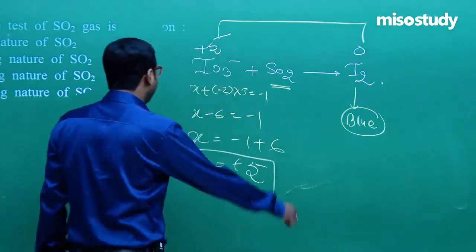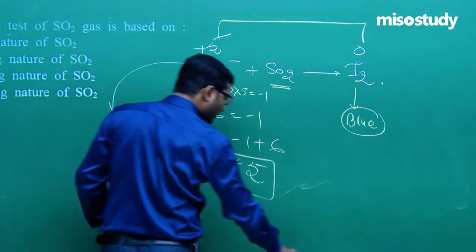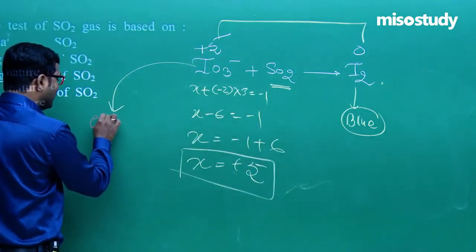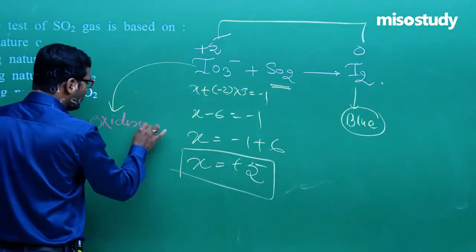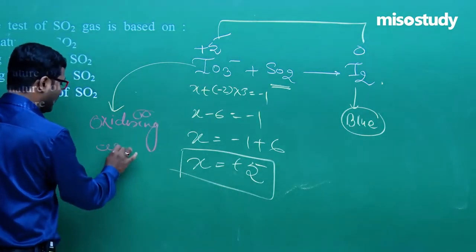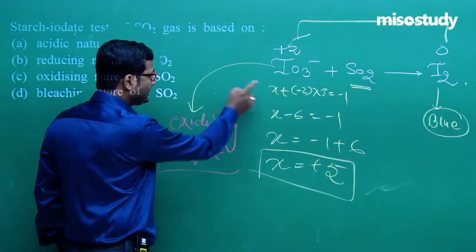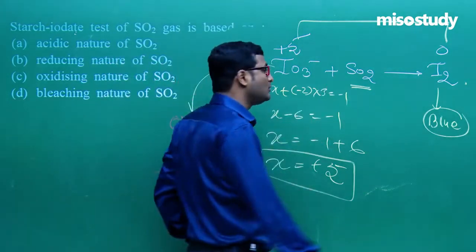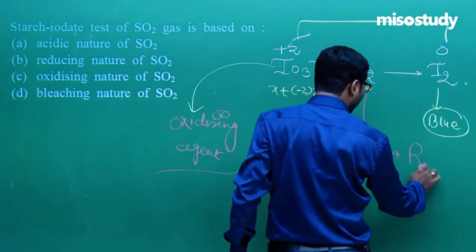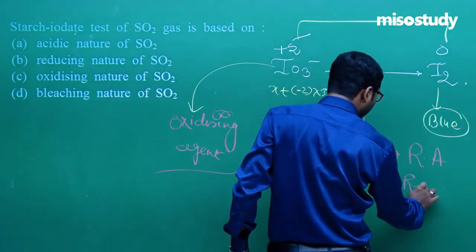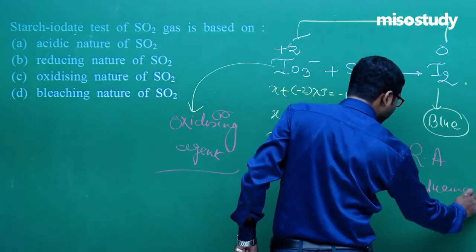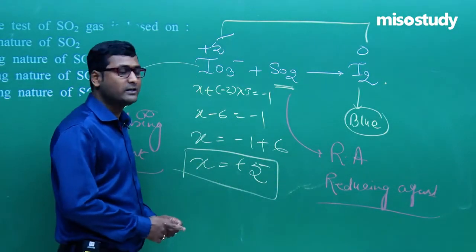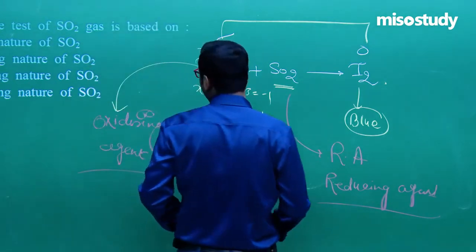That means to say, we know, wait for a moment, let me take the colorful chalk. This one is the oxidizing agent. If this one is the oxidizing agent, then we all know SO2 acts as a reducing agent. So now tell me, which is the correct option?